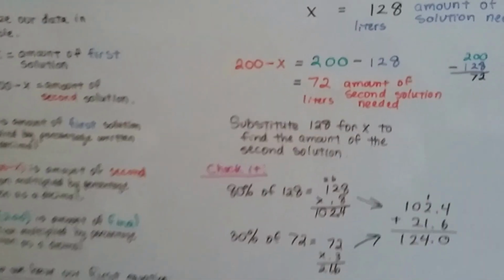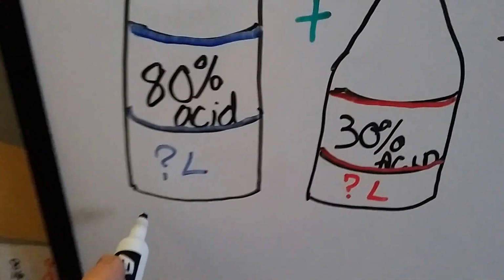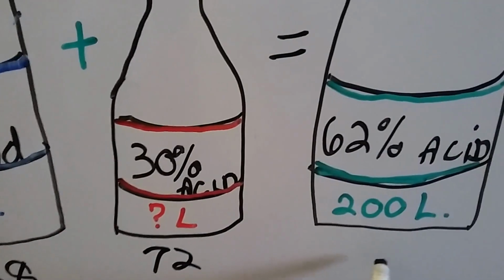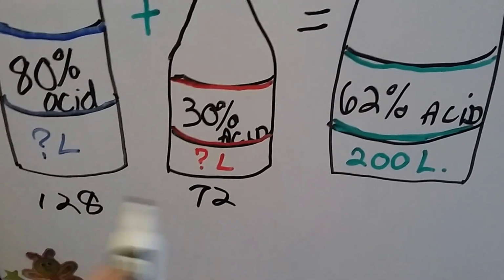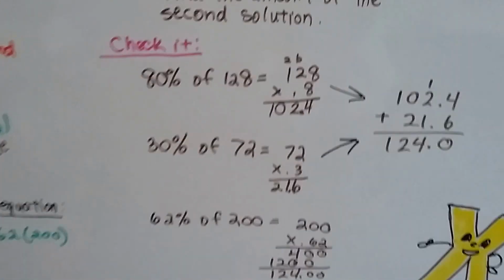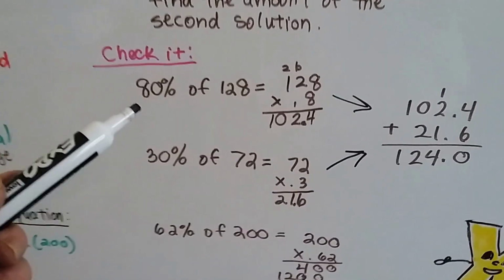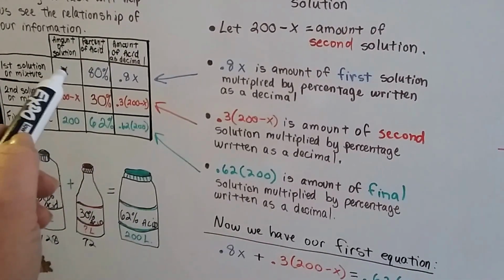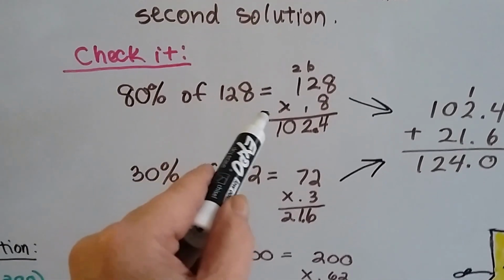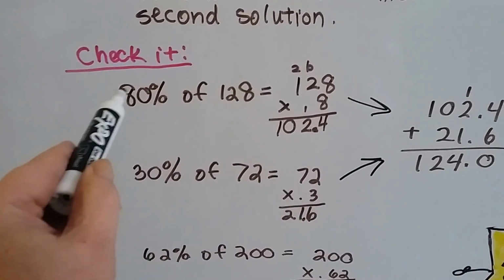So now we know that we need 128 liters of this one, and we know we need 72 of this one, and then that'll equal 200. Now we know the amount of the liters, 128, 72, and that'll be 200. Now we need to check it to make sure we did our math correctly. The way we check it is 80% of 128, that 128 that's x, we multiply 128 times 0.8, this written as a decimal.